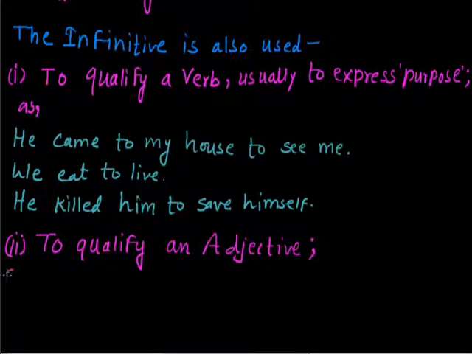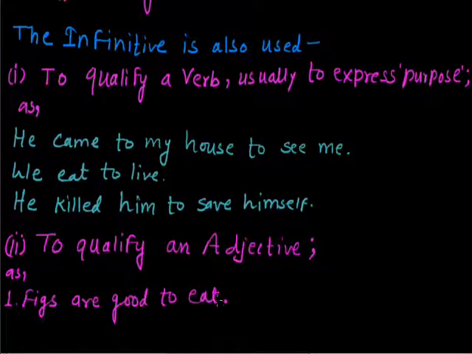For instance, when I say, figs are good to eat. Here in this sentence, good is the adjective, after which we have used the infinitive to eat. So here the infinitive to eat is qualifying the adjective good.